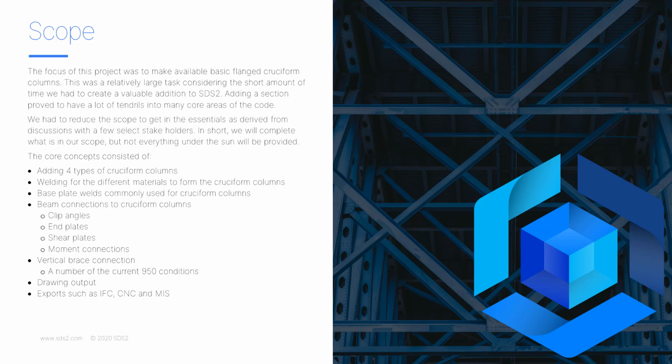We had to reduce the scope to get in the essentials as derived from discussions from a few of our select stakeholders. In short, we will complete what is in our scope, but not everything under the sun will be provided. The core of our scope consisted of these areas here.